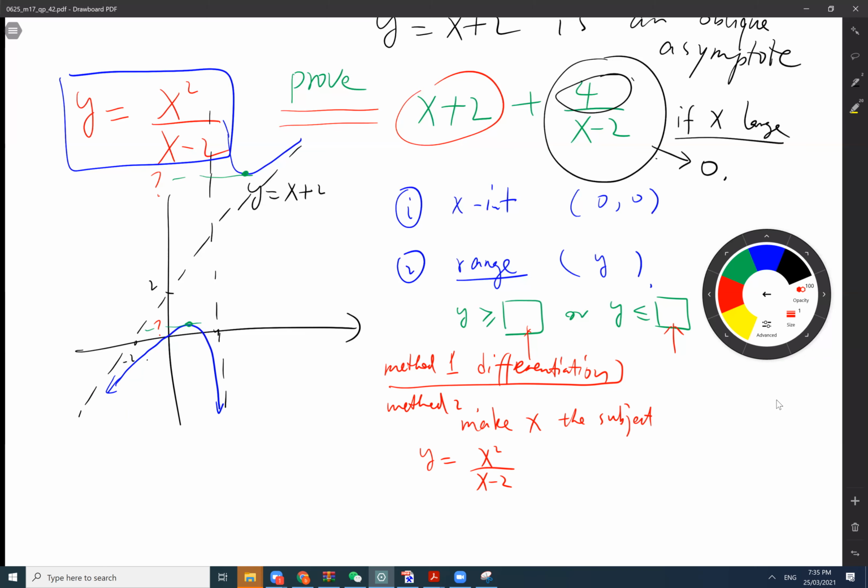This question is very important. How do we make x the subject?